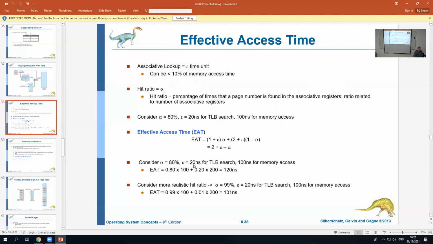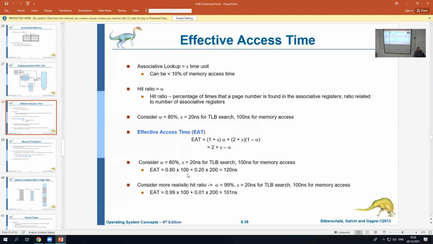Consider an alpha of 80%, 20 for the TLB search and 100 nanoseconds for memory access. So the average time will be 80 times... This whole equation is silly, because look what he does here. 80% of the time it's just the memory access; I'm ignoring the TLB.